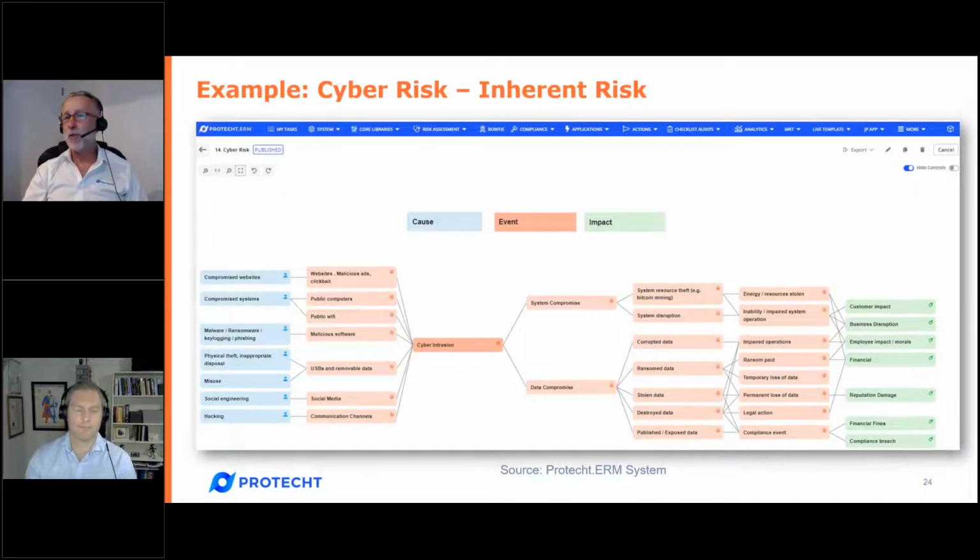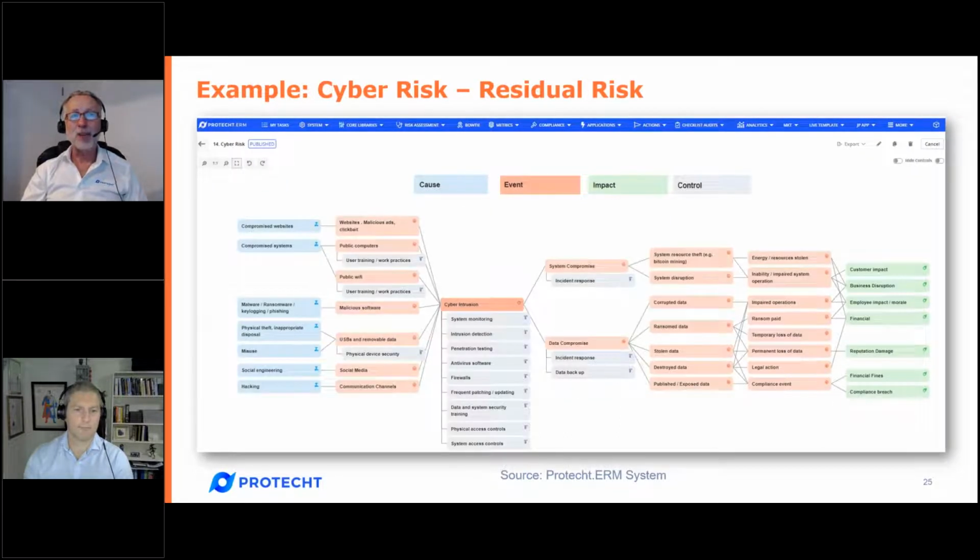We would expect that to be more at the executive board level, and as you drill down and get more granular bow ties, they will become more detailed. Now that, as you can see, is an inherent risk bow tie because there are no controls, and now I've gone and added on my controls, and that would be a good example of a residual risk bow tie, based on cyber. And again, I wanted to show you that just so you've got something really practical to take away.